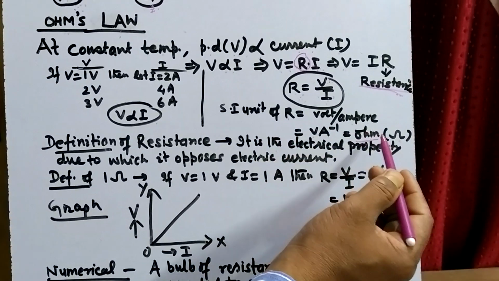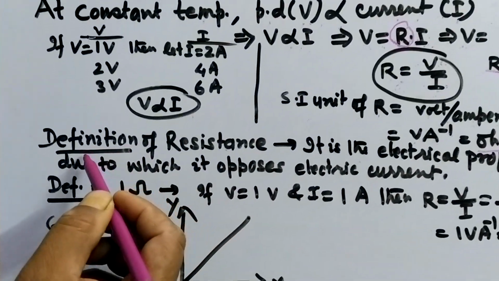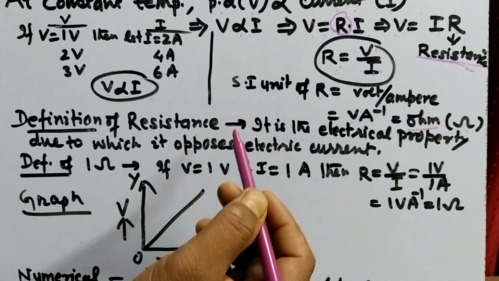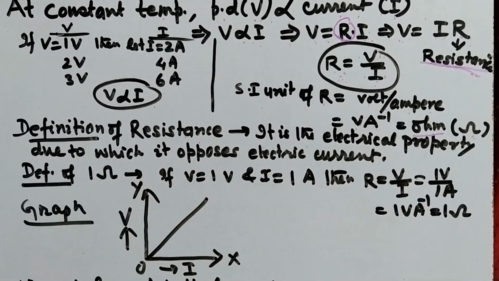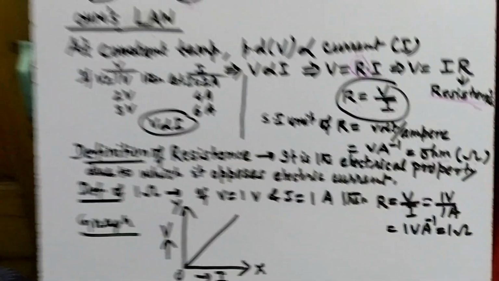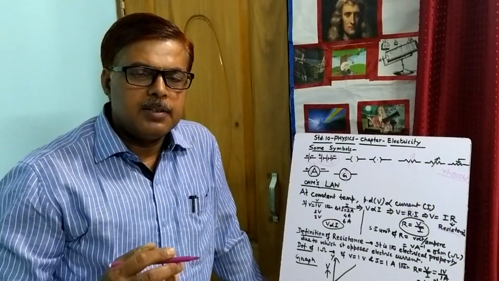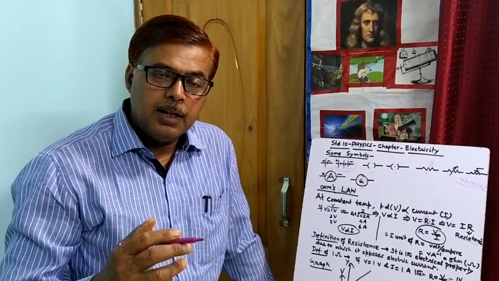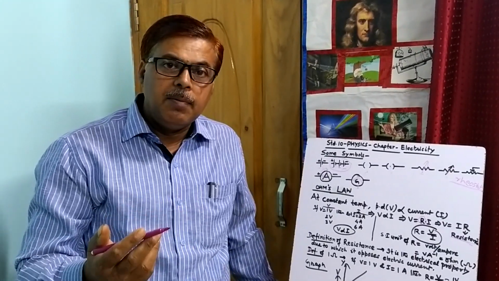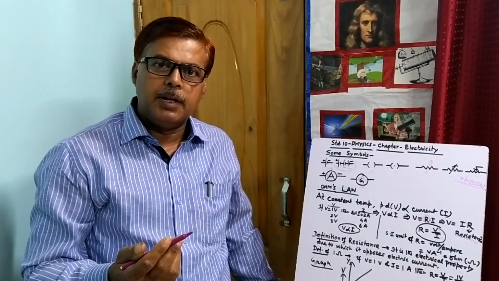So we can define resistance. As its name suggests, resistance means to resist something, that is, to oppose something. Then in resistance, what will be opposed? Current will be opposed.